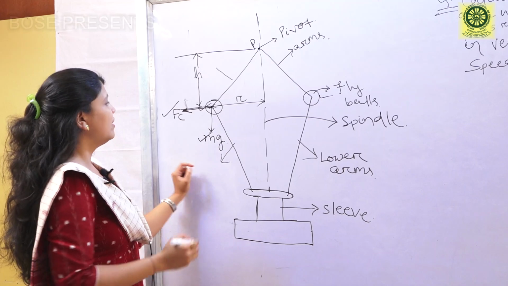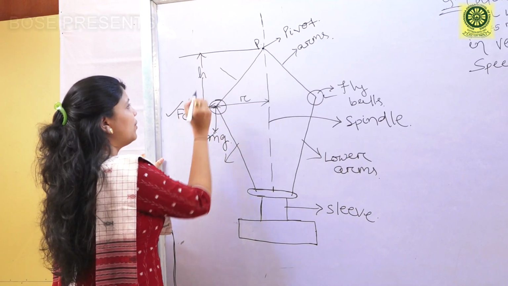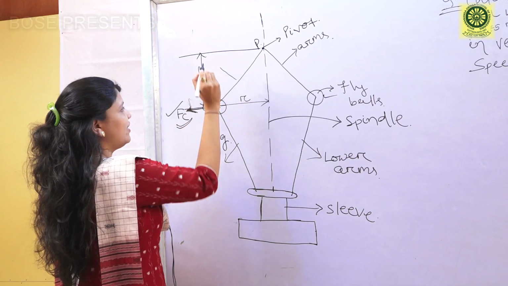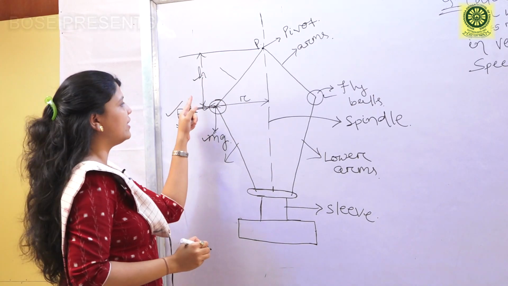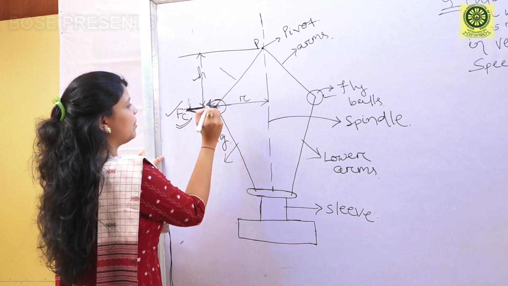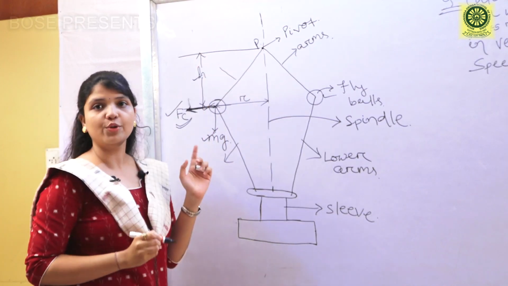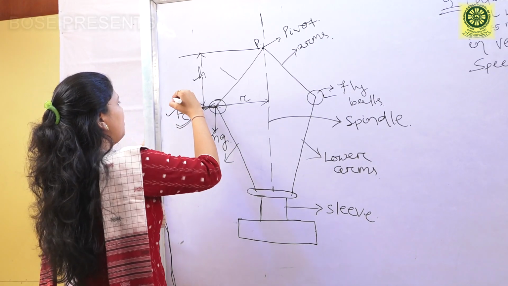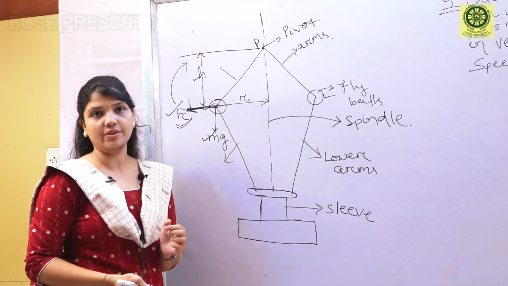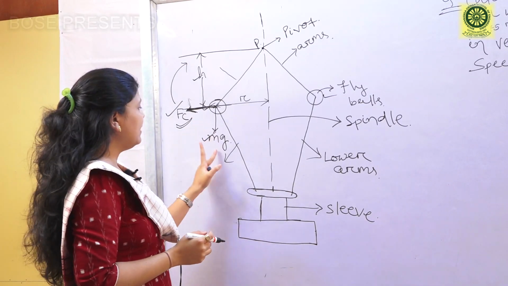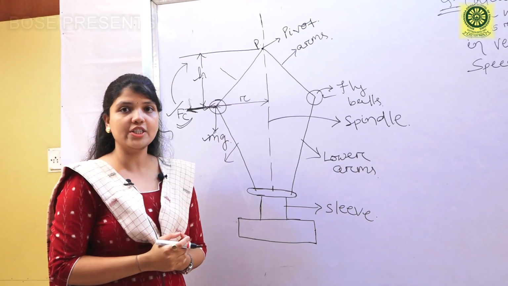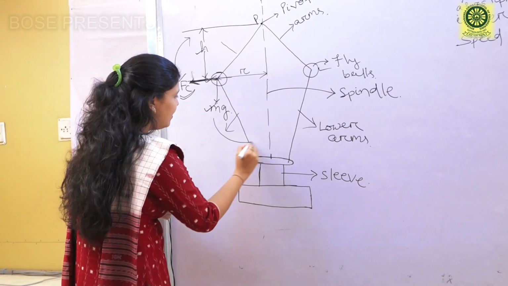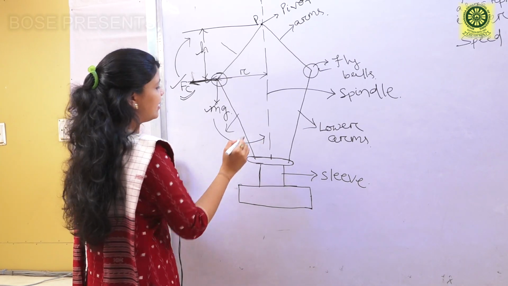The moment of Fc about the point P will be Fc into h, because h is the perpendicular distance between the line of action of the force and the point about which we calculate the moment. This moment will be in the clockwise direction. The moment due to mg will be mg into r, and this moment will be in the anti-clockwise direction.